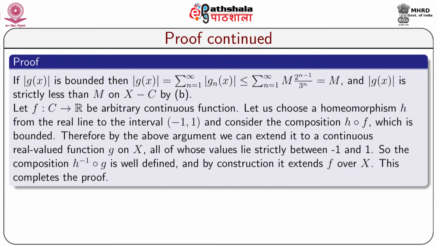Now, by the above part of the theorem, H composition f must have an extension g all over capital X, which is less than 1 and greater than minus 1 strictly. So, the composite mapping H inverse composition g is well defined, and by construction it extends f over capital X.